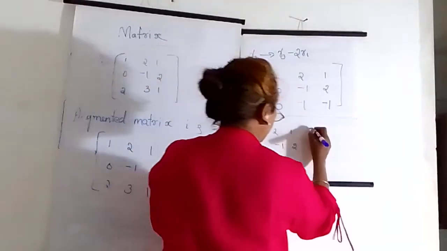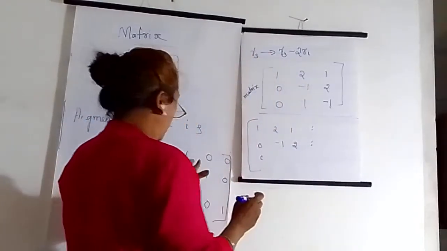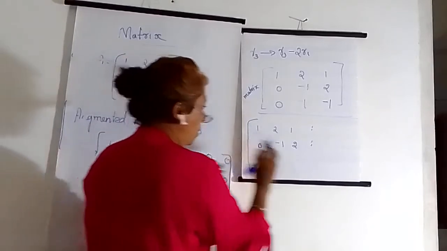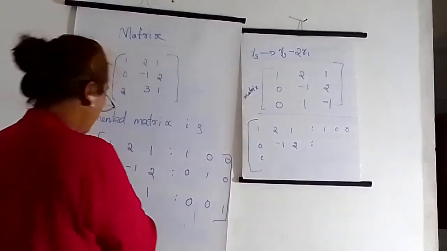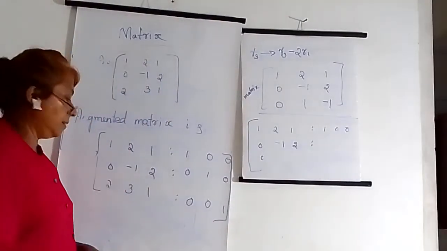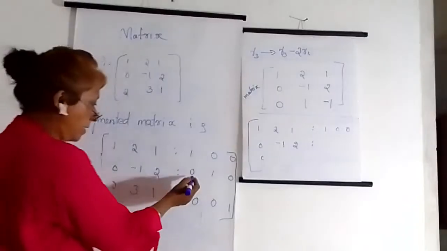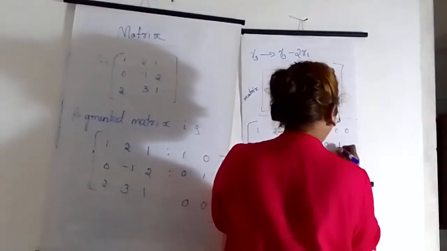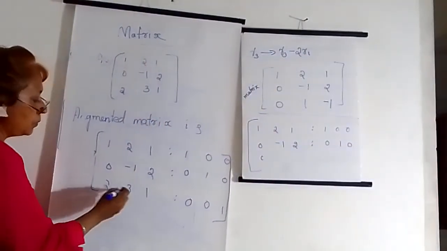How do we get this? Here we didn't do anything, so I can write 1, 0, 0 as such. For the second row also we didn't do anything, so I am going to write 0, 1, 0 as such. Only changes are coming for R3, 2, 3, 1.